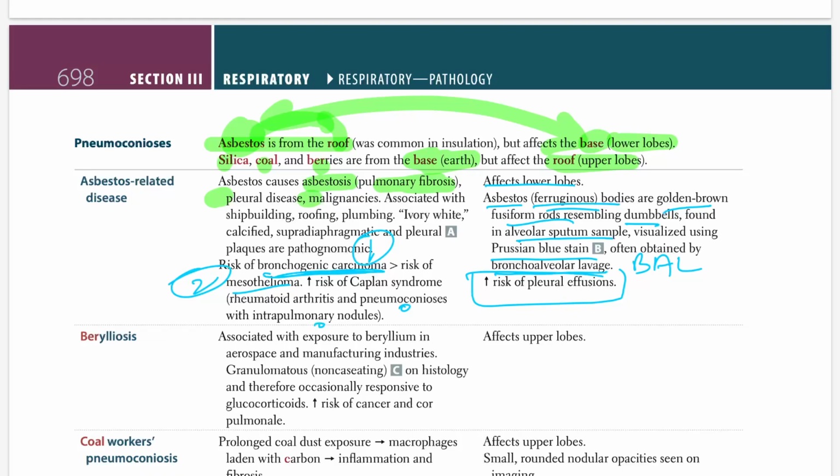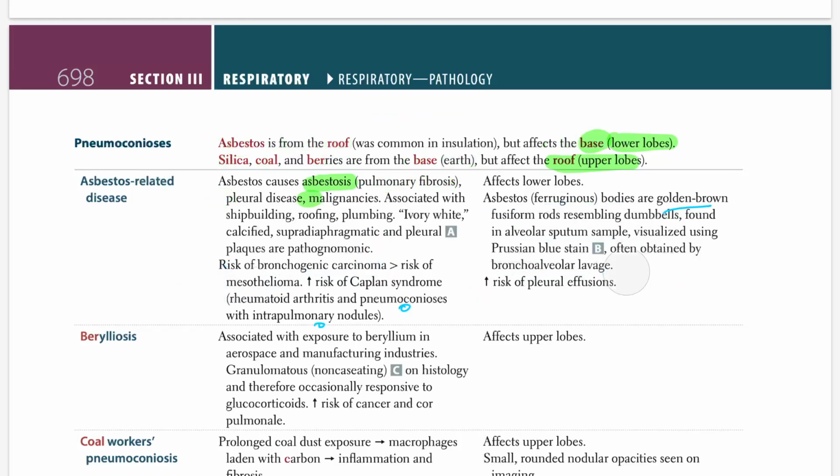Okay, let's recall the whole thing and move on to the next one. With asbestosis, what are we going to look at? We will see pulmonary fibrosis with the history of any of this. It will be in the lower lobes, ferruginous bodies will be seen, and you will see some calcified subdiaphragmatic pleural plaques. So again, pulmonary fibrosis, pleural plaque.